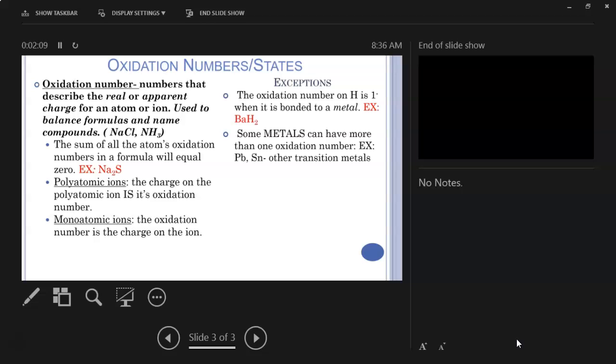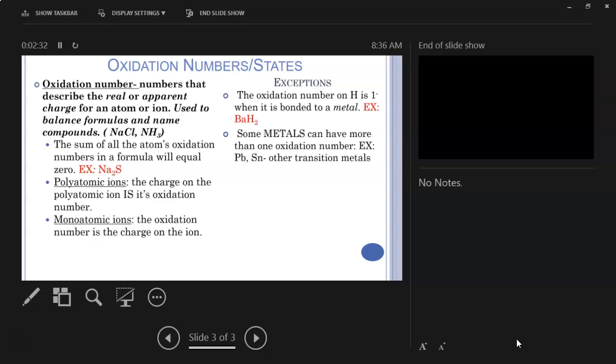Lead is the same. Lead is right underneath tin. Its oxidation numbers, or sometimes they call them oxidation states, could be 2 or 4, meaning lead could give away 2 and become a +2 cation, or it could give away 4 and become +4. It just all depends on what compound it actually forms.